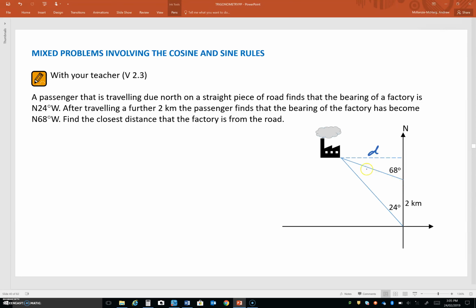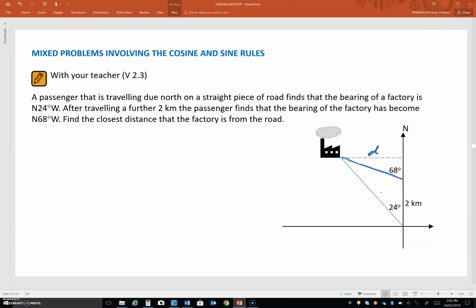What we could do is find this side first, or we could find this side first, and it doesn't really matter what we decide to do there, but for the purpose of this video I'll calculate this side length here. But if you did do the other one, you could still complete the problem by finding that first and then finishing off from there.